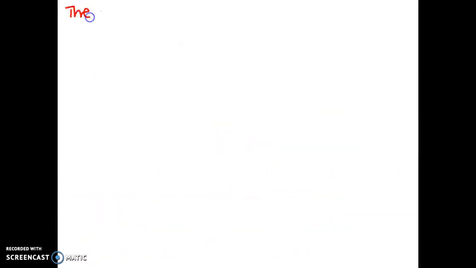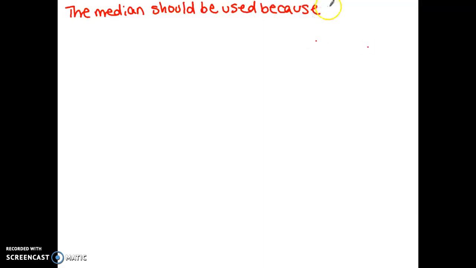So we've decided that the median should be used. And we have to explain why. The median should be used because Class A's data set contains an outlier.